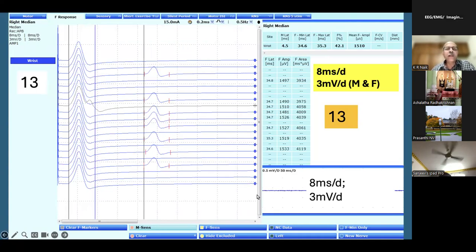This is the right median nerve, and sensitivity is 3 millivolts per division for the M wave and the F wave. So is it normal, or is it abnormal? If it is abnormal, what are the abnormalities? There are two abnormalities in this graph.